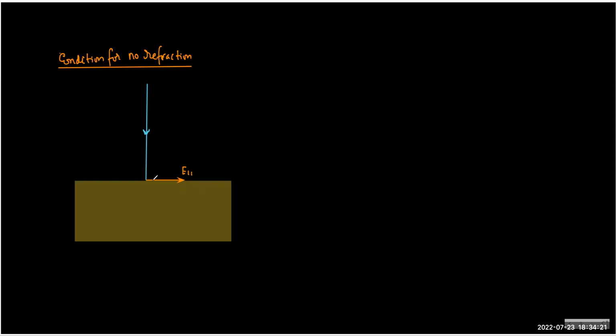Here we do not have a perpendicular component, so we only have one component. And in advanced maths you will come to know that the parallel component across the boundary remains unchanged.